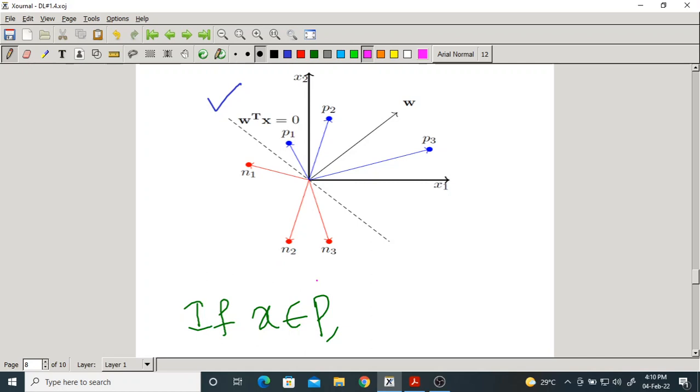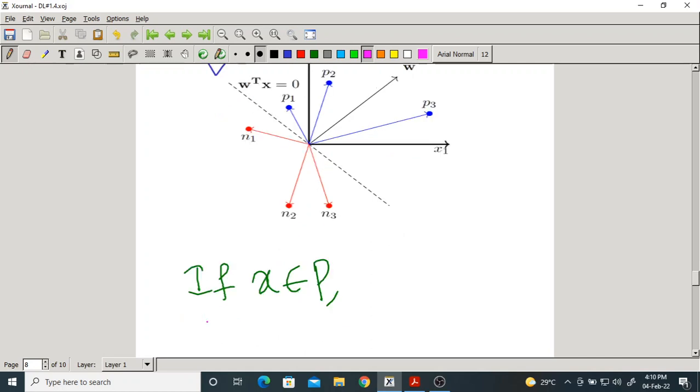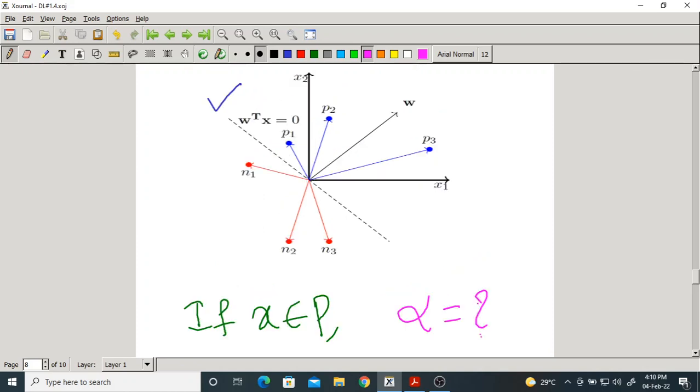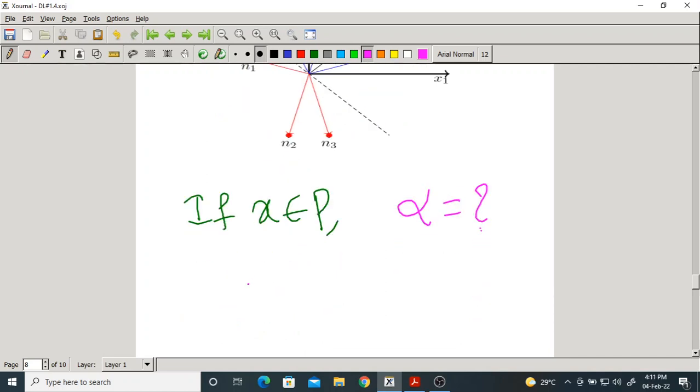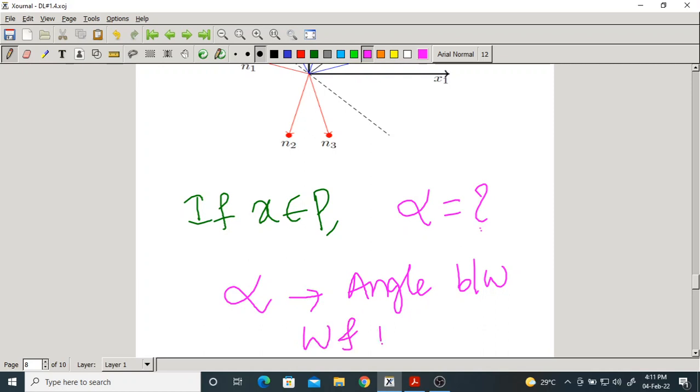Now, if x belongs to P, what about alpha? Let us take alpha as the angle between vector W and the input points.